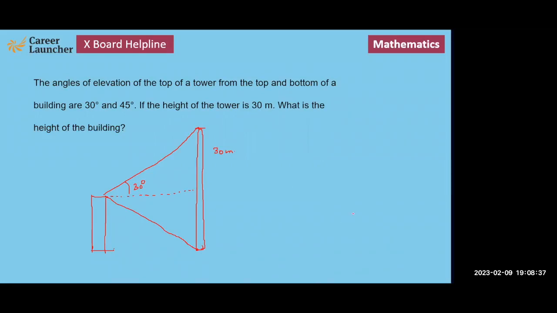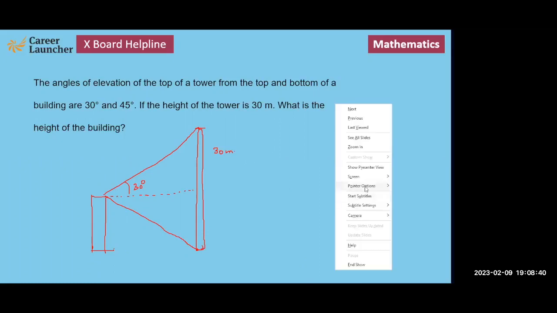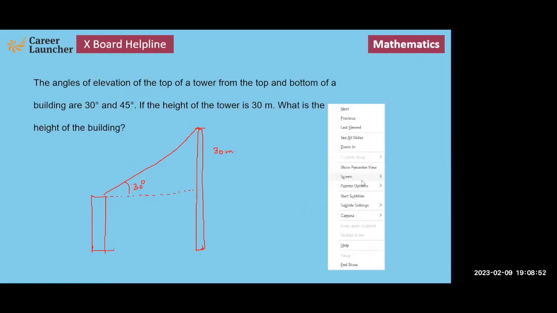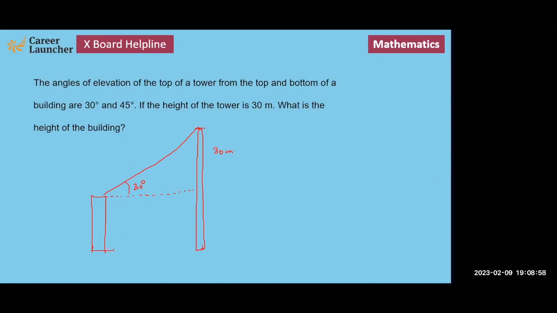Sorry, wait. So we have from the top and bottom, this angle is 45 degrees. So we want to find out the height of the building, H. We know the height of the tower. We need to find out what is the height of the building.